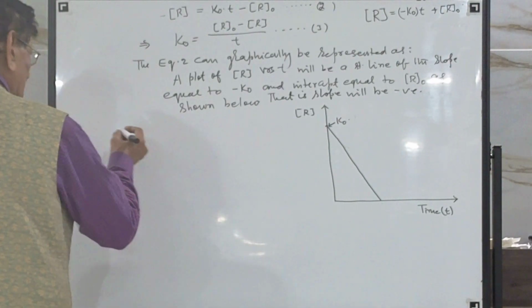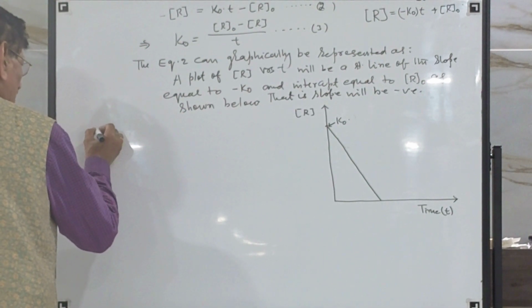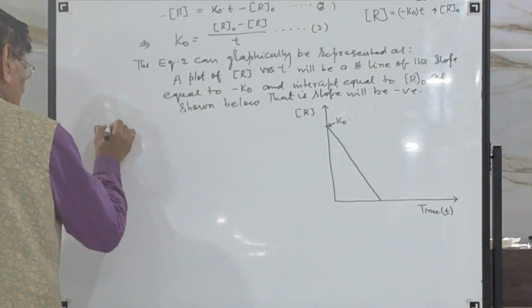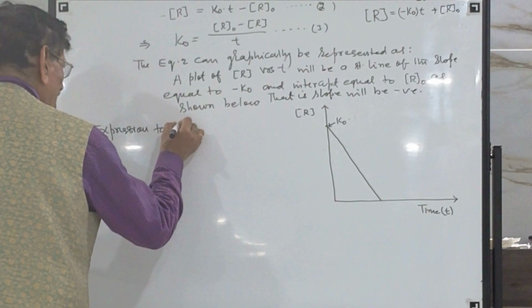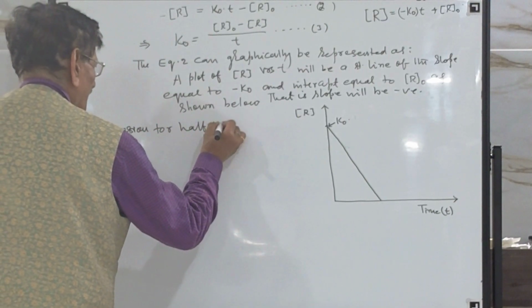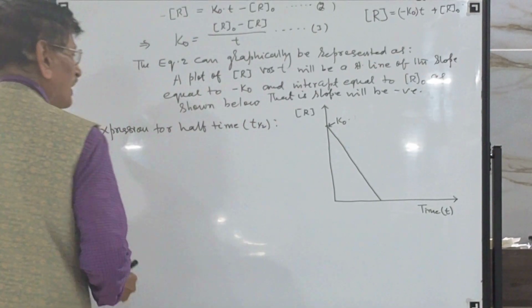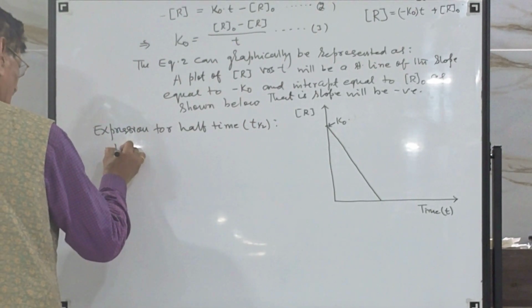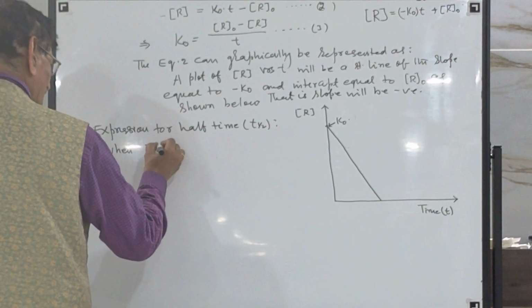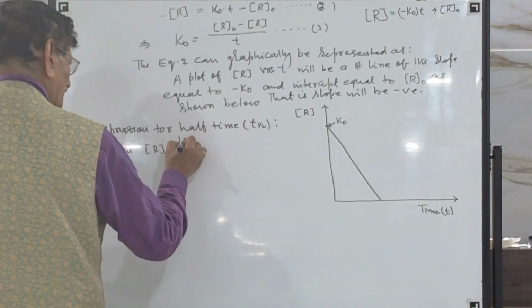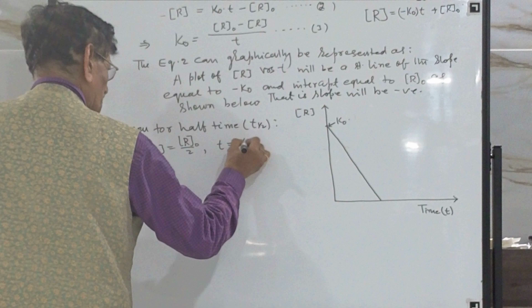Now let us calculate the expression for half time, T half. When R is equal to R naught by 2, then T is equal to T half.